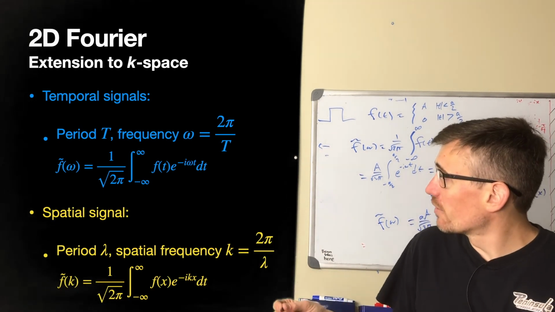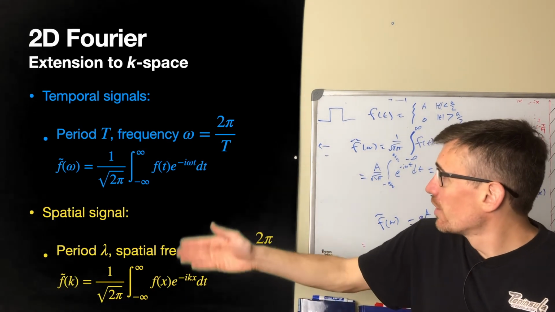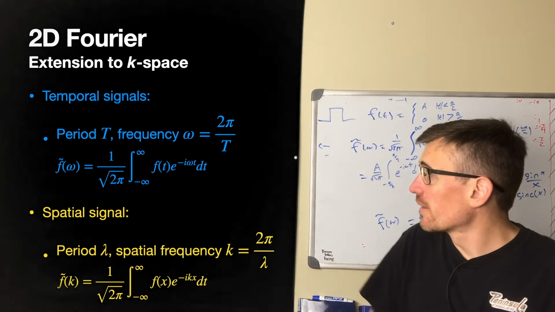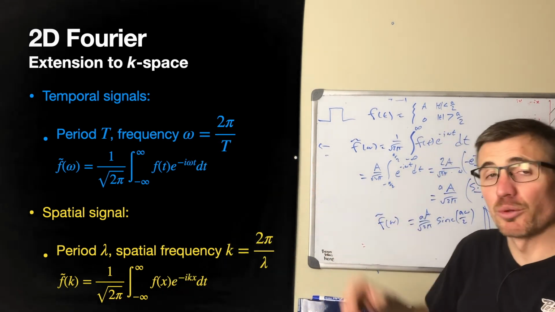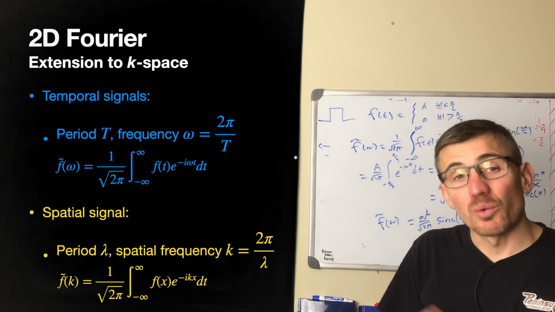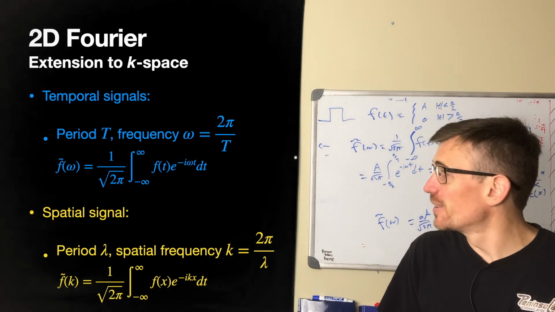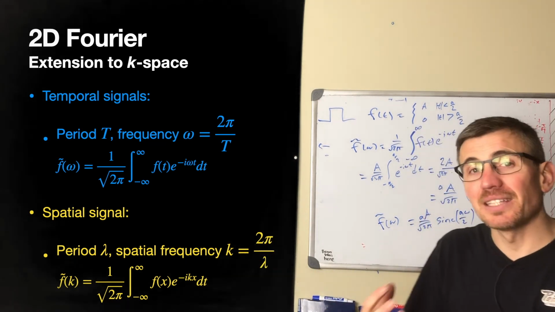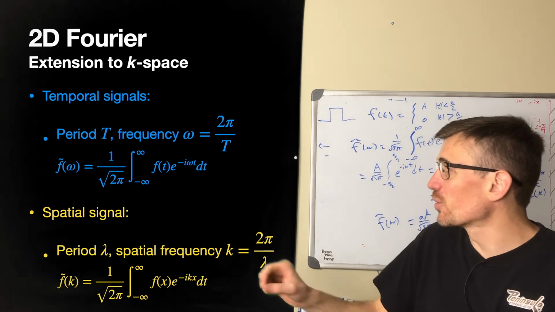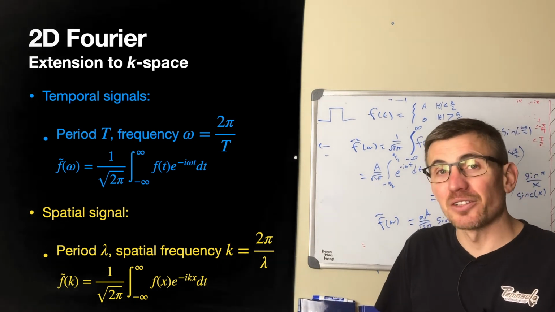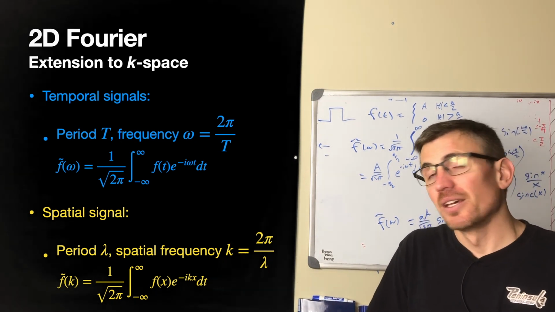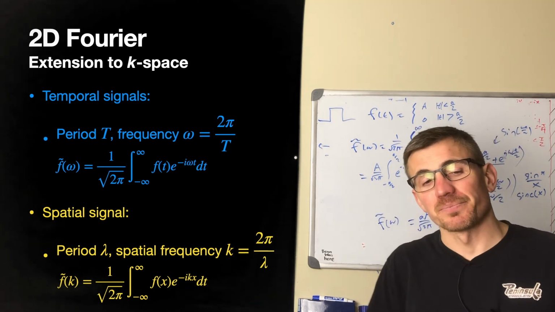For a spatial frequency, we have a spatial period, which is the wavelength, how long in space it takes to repeat, and we have an equivalent to omega, which is k. We haven't thought of k this way before. k is the spatial angular frequency. It's the analogy to omega with time. So it's 2 pi over lambda.